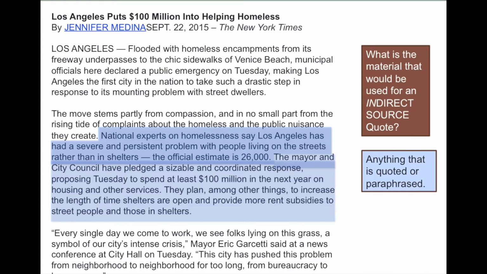She's paraphrasing what they have said rather than just reporting upon it. Then in this last paragraph, we've got a direct quote by the mayor of LA. That would be an indirect source. So if you wanted to quote directly what the author said or the mayor said, you can go ahead and do that, but you would just have to set it up as an indirect source because the mayor did not, in fact, write this article. The mayor would not have a listing on your works cited page.